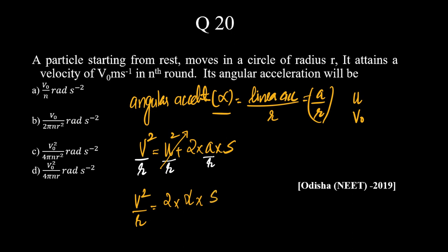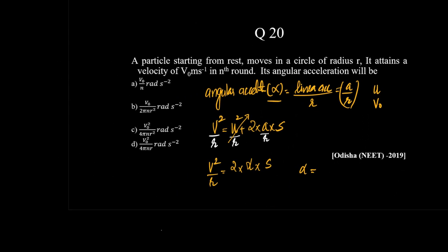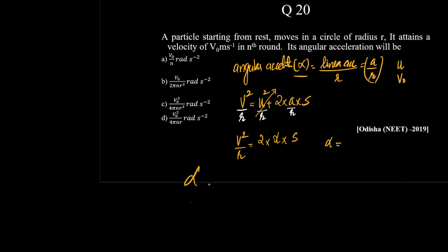So alpha will further be equal to v square by 2 into r into s. So v is v0. So v0 square by 2 into r into s. Is that an option?